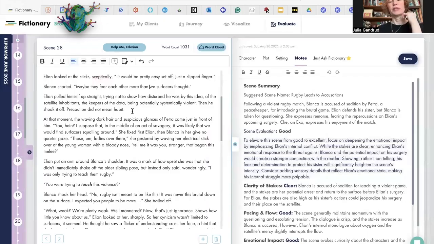The data being potentially systematically violent. Worried about violence with cause, territorial and violent. Let's go with territorial and violent. We don't need him to dismiss that.